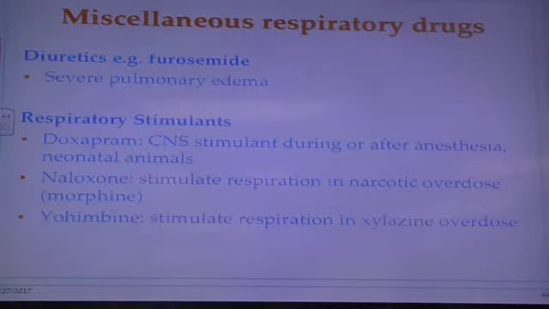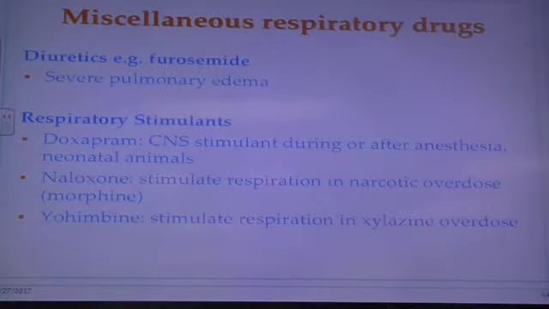The other group is the respiratory stimulants, and I think you learned about them from Dr. Josh. Naloxone stimulates respiration in narcotic overdose, because once you give an overdose of morphine, it depresses the respiratory tract, and you can counteract this reaction by using naloxone.